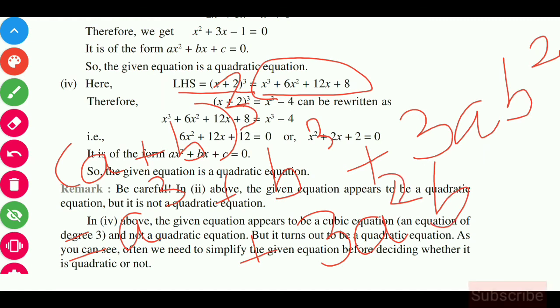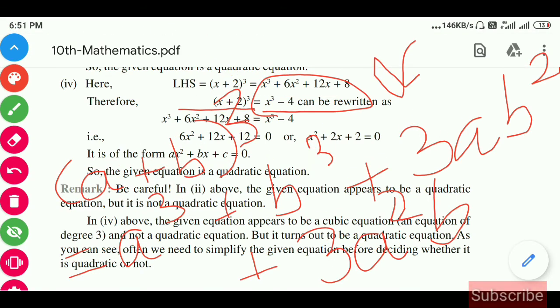Substitute the values and compare. Here x cube means a cube, and 6x square is this term: 3a square b means 3x square into 2, which gives us 6x square. 3ab square gives 12x, where b is 2, so 2 twos are 4, 4 threes are 12, and 12 into a is 12x.